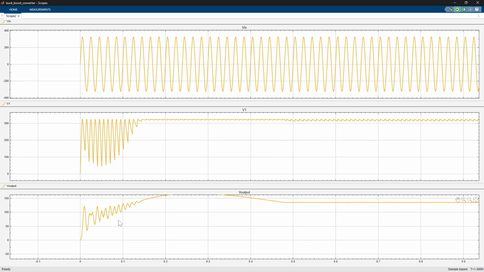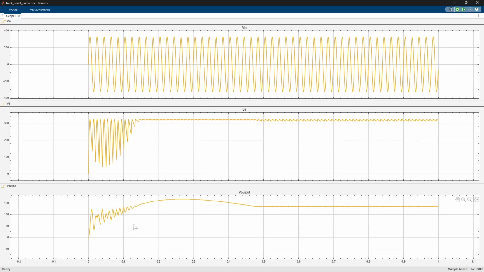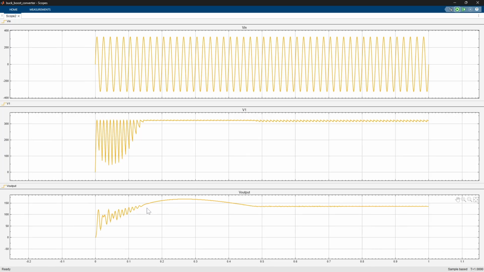There is a high inrush current and voltage spiking. This is an open loop system, so nothing to damp it instantly. Therefore, this transient behavior is expected. Then from 0.25 you can see that there is an overshoot.